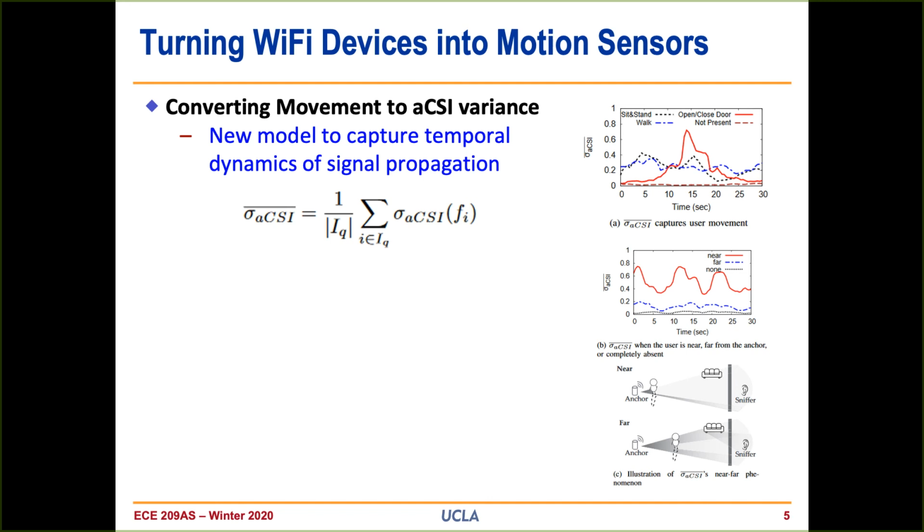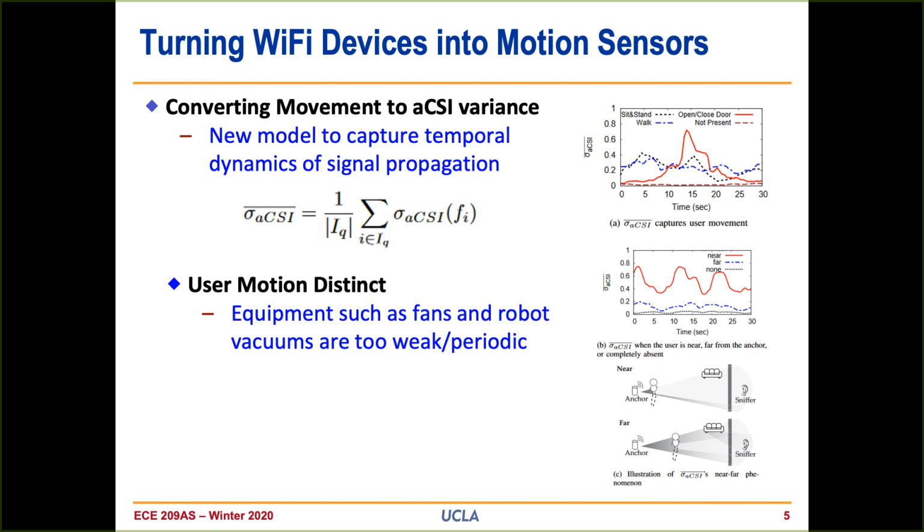You essentially create the average of the standard deviation of this set of subcarriers at different frequencies, and then denoise the signal to get curves like you see over on the far right there. This allows user motion to be pretty distinct.